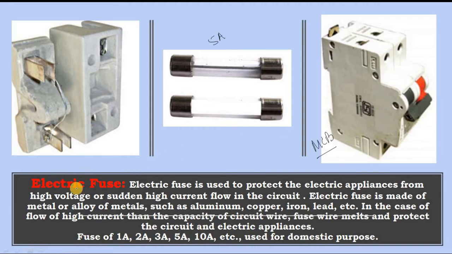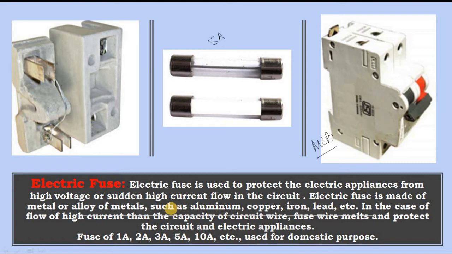So now we read about the electric fuse. An electric fuse is used to protect the electric appliances or circuit from high voltage or sudden high current flow in the circuit. An electric fuse is made up of metal or an alloy of metals. Normally we don't make fuse wires thick, as you can see here the fuse wire is thin. Sometimes we can also make it from other metals, but we have to take it thin.